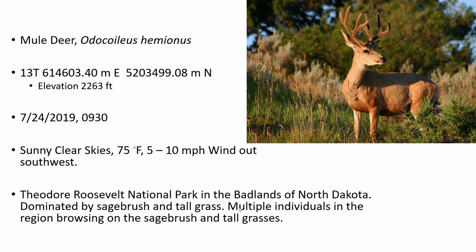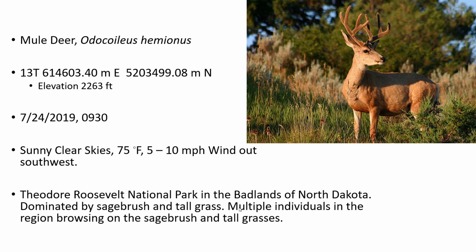Okay. Here you can see the weather. At the time, it was sunny, clear skies, 75 degrees Fahrenheit, 5-10 miles per hour wind out of the southwest. Okay. The photograph, here's the ecotype, okay, or the ecological region, the habitat region. This photograph was taken in Theodore Roosevelt National Park, which is in the Badlands of North Dakota.